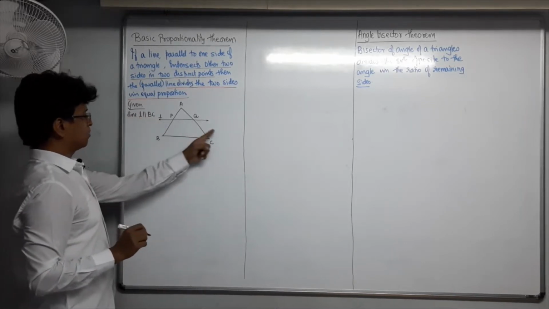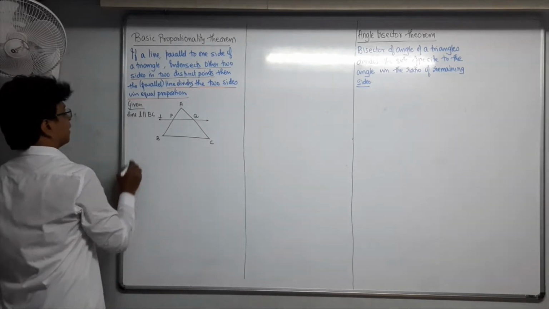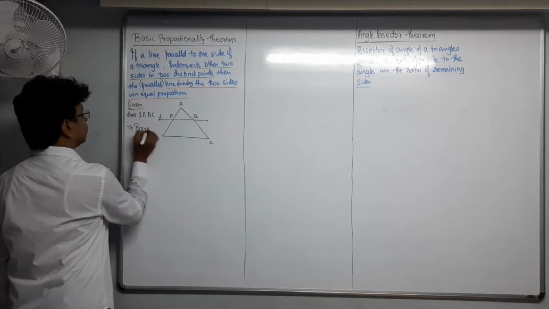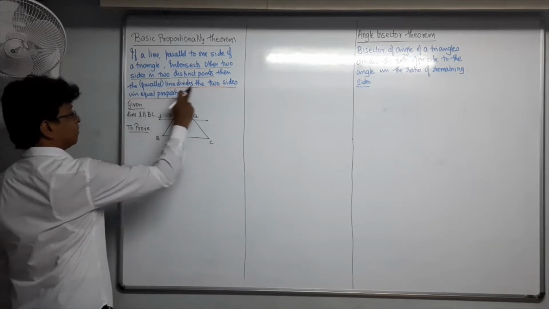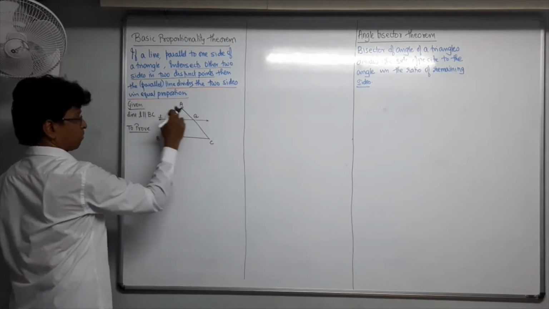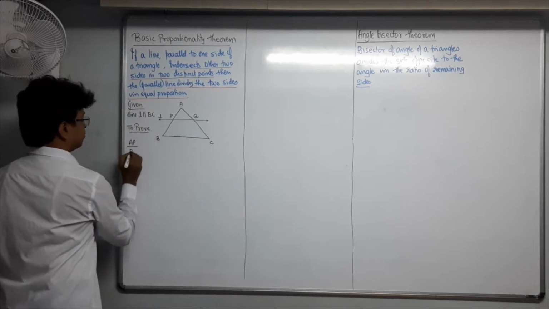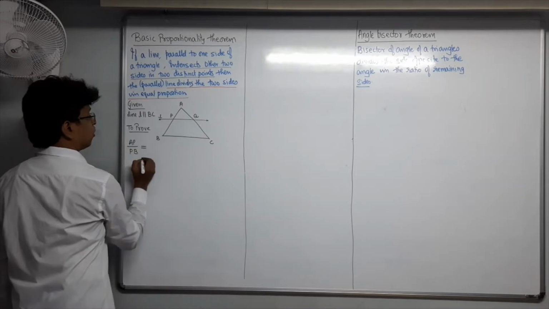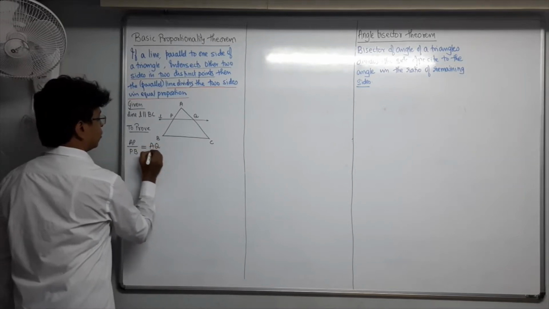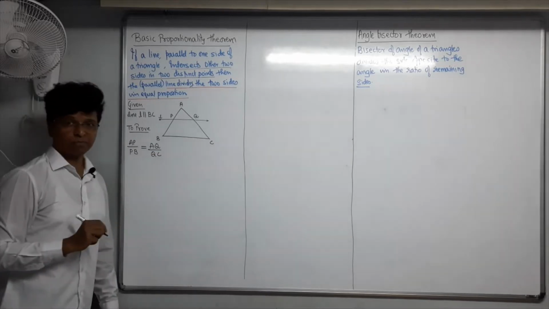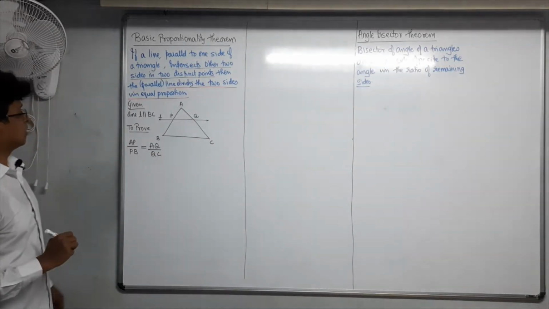And then what you have to prove? That it divides the two sides in equal proportion. That means AP upon PB is equal to AQ upon QC. Okay, my dear students, so this you have to prove.